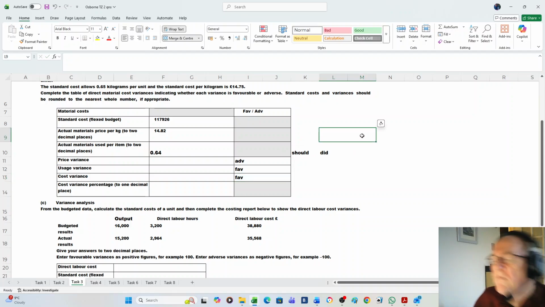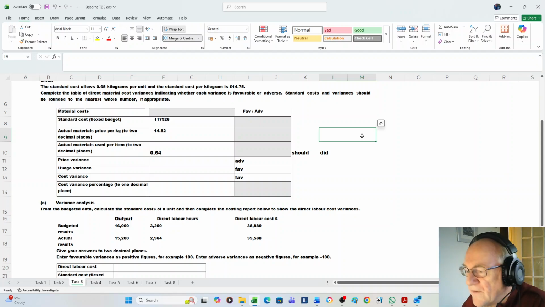We haven't got to worry about minus figures for adverse, although we do that in part C, because it gives us an idea, so that if we made a mathematical error, it doesn't make sense. We've got an idea what we're looking at. In fact, that figure and that figure should add up to that one when we've adjusted the adverse and the favourable. So if I'd forgotten one of the formulas, I could work it out from the other two.